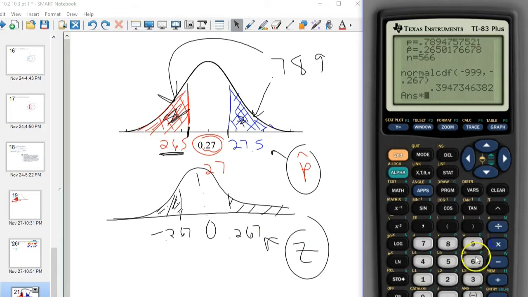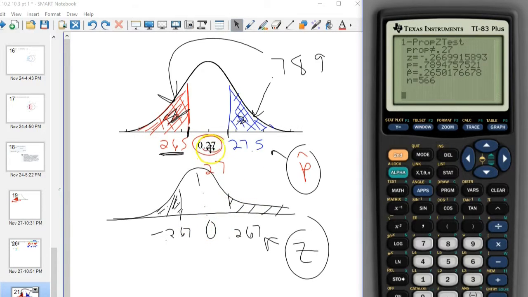If I double that, because of the symmetry, I would get this region and that region together, and there's that 0.789 number. Okay, it's both of these regions together. So that's what all the different values that we saw when we ran that test represented in this picture. Okay, so that's what we're trying to do, is to come up with how likely is it to see what I just saw.